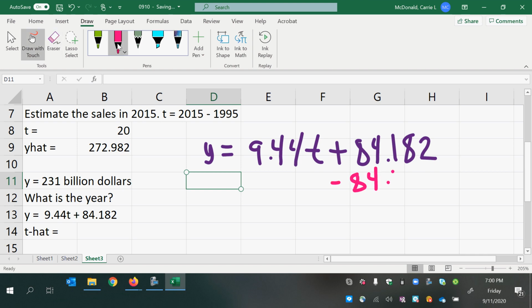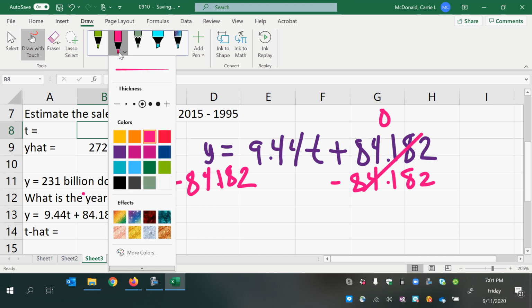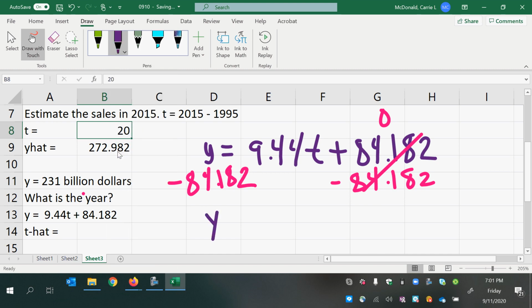So just like I will subtract it here to zero it out, I'm going to also subtract it from the other side. And so then I have a resulting equivalent equation that looks like this.